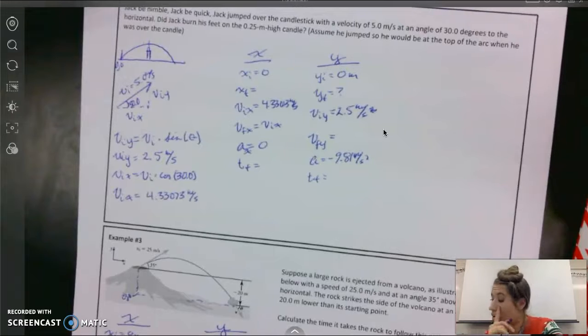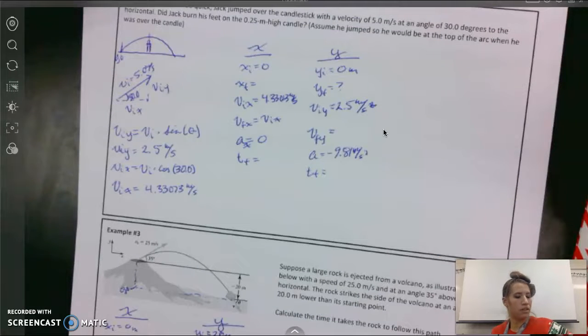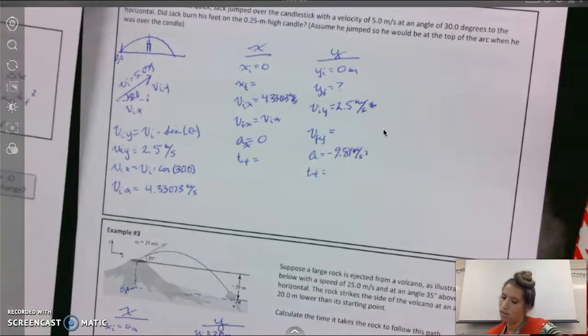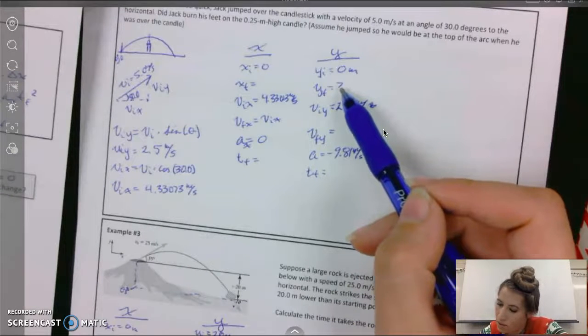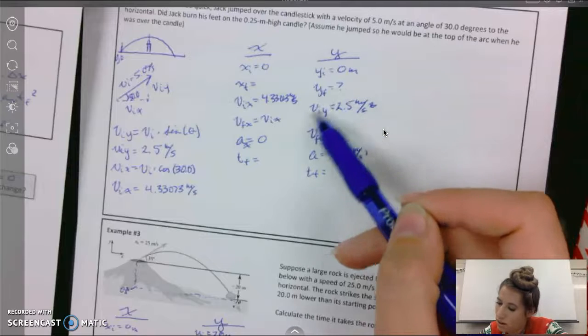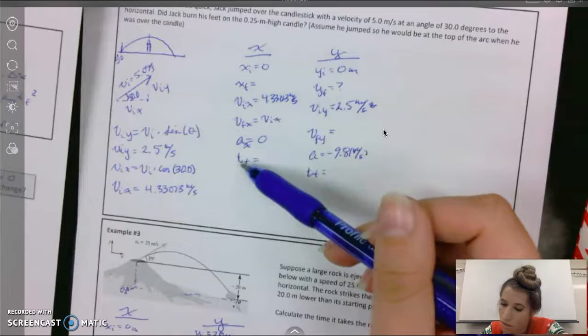Okay, so we should solve, let's see, I listed equations right here. I want to know this, and I'm trying to see if we solve for the time component here.